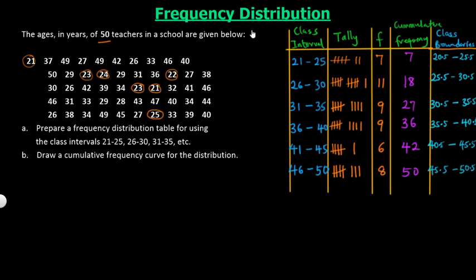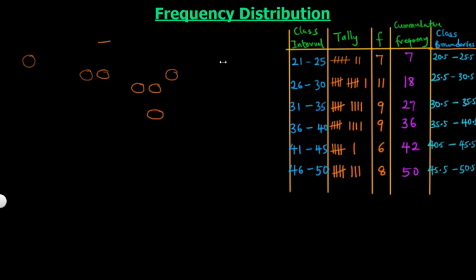Now that all these are set, we need to prepare our cumulative frequency curve. So let's do that. So we have our graph. Like I told us, cumulative frequency curve is that you plot the cumulative frequency of a data set against the class boundary. So bring in our graph.